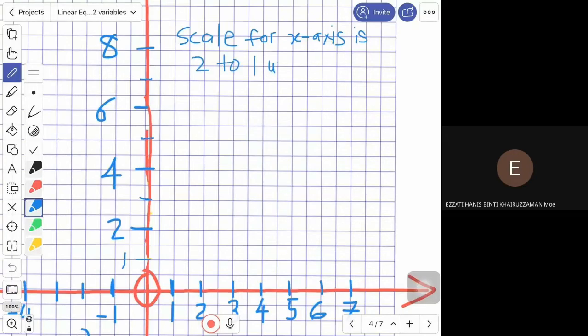What does that mean? 2 to 1 unit. Over here we don't have centimeters because it's not centimeters. This 2 refers to 2 grids.